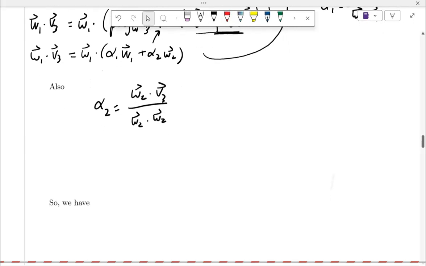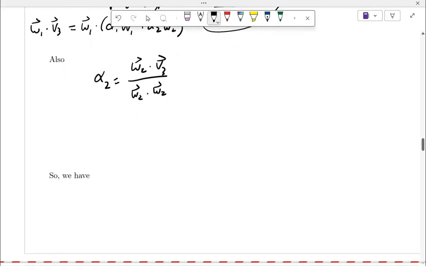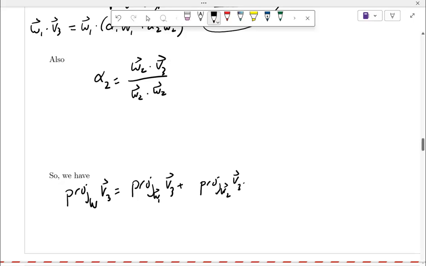So, generally speaking, your projection of V3 onto W will be the projection of V3 onto W1 plus the projection of V3 onto W2.